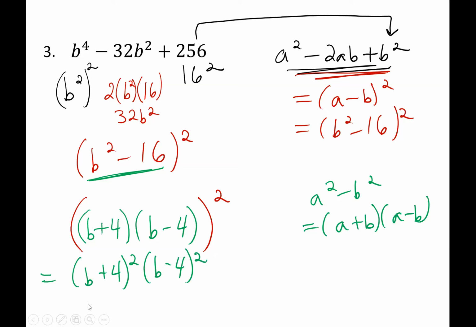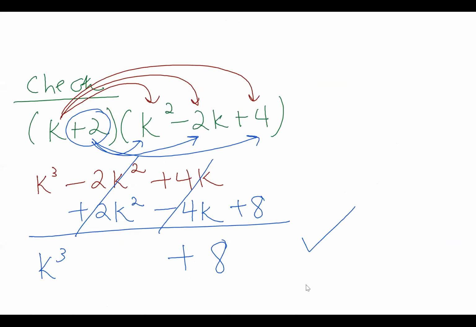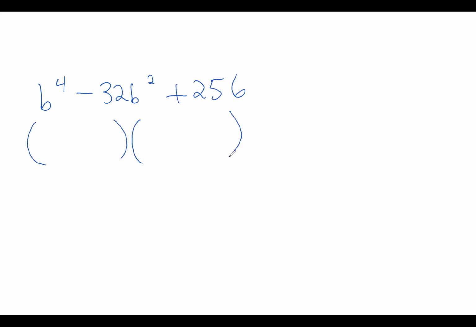As I have done a couple times in this lesson, let me take us over to our whiteboard and let's see if there's maybe a different, possibly better way to do this one. All right, so we had b to the 4th minus 32b squared plus 256. Maybe you just didn't know that 256 was a perfect square.